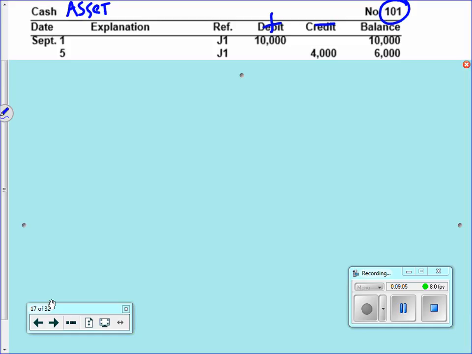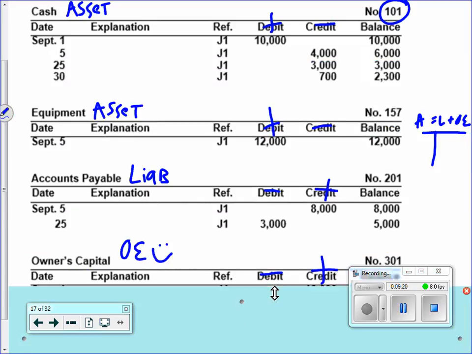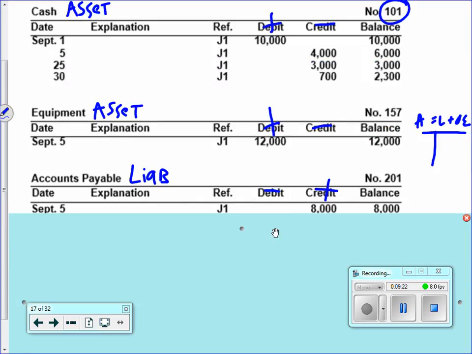Because there's a number in that balance column, we have to look and see, okay, the balance minus 4,000. So we have an updated balance of $6,000. The last thing that we have to document is that other credit. We now owe someone $8,000.